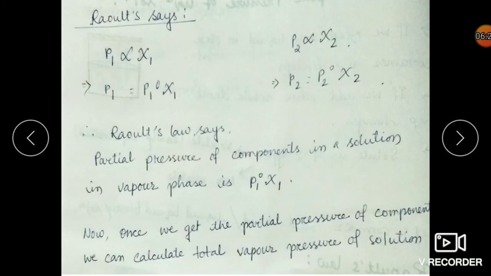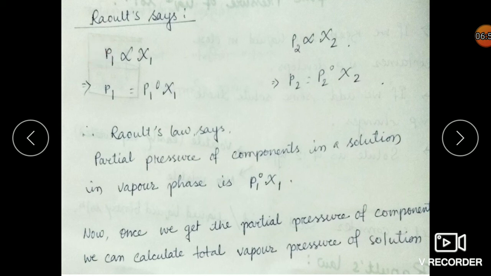Now Raoult says that P1 is directly proportional to x1. Now what is that P1? P1 is the partial pressure of the solvent, that is proportional to the mole fraction of the solvent, that is, how much solvent is there in the solution will determine the partial pressure of the solvent.